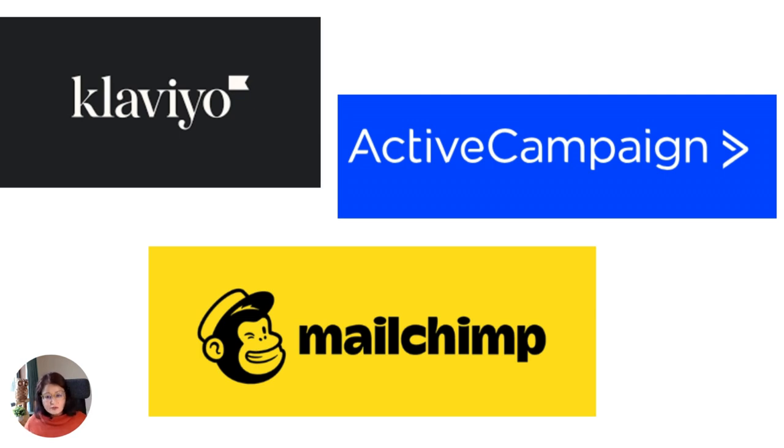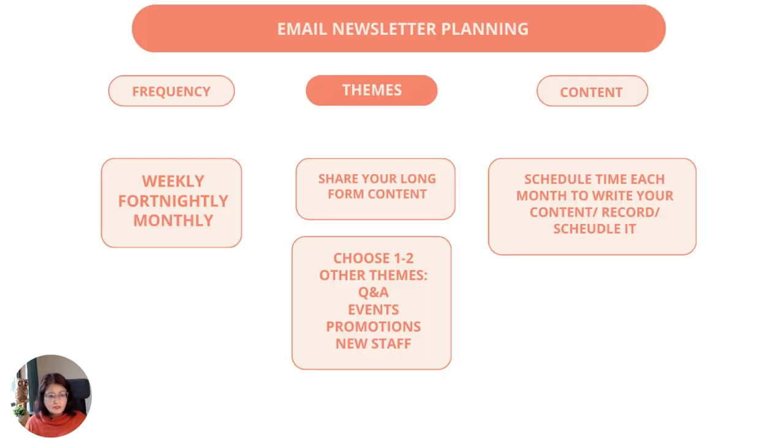So when you've chosen that, then the next step is to start with the planning, deciding on the frequency. How often do you want to send an email newsletter to your clients? Weekly, fortnightly, monthly? I would definitely recommend monthly as the minimum. Anything less than that, so like once every 2 months, once a quarter, it's not enough because you're not getting in front of your clients. They're going to forget you, and you tend to then go to the bottom of their emails.